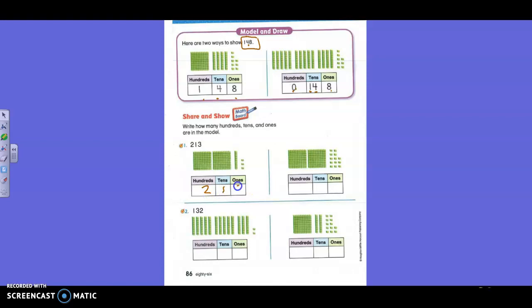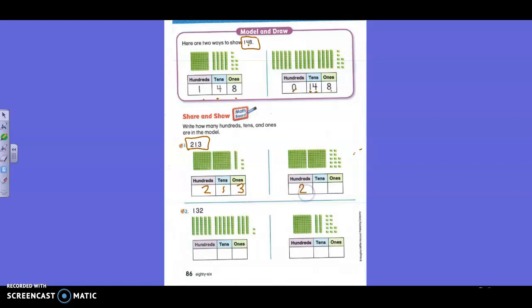3. Okay, now this is another way. What number is that again? 213. This is one way to make 213. This is going to be another way. How many hundreds? 2.